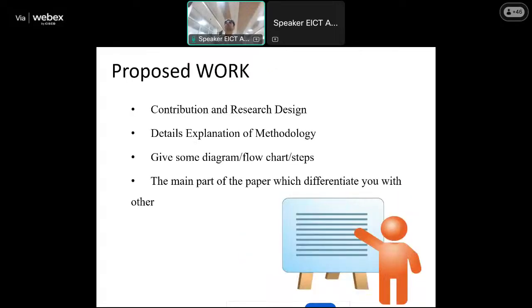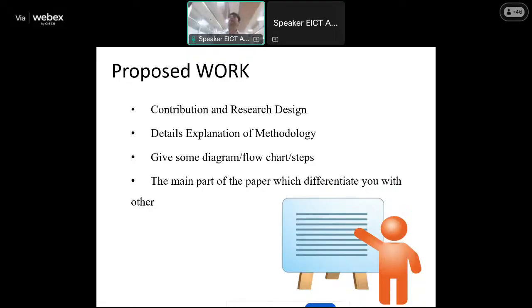Then the proposed work. The proposed work clearly defines your methodology and your contribution. It should have a diagram, flowchart, or algorithm steps, because this is the main section which differentiates your paper from other papers.